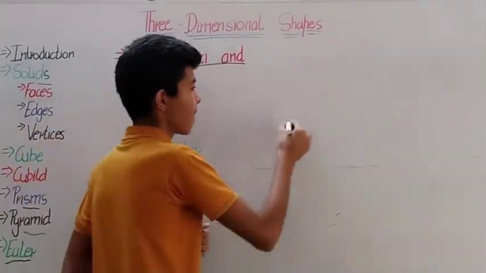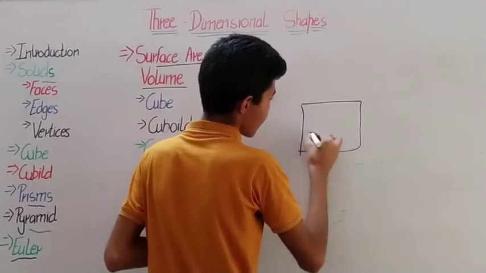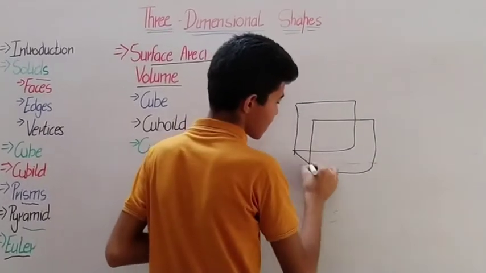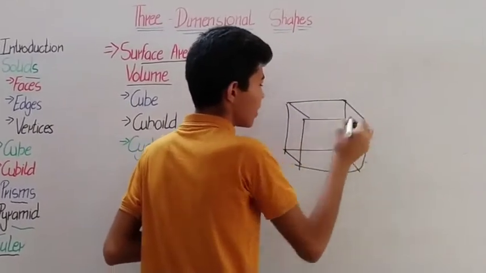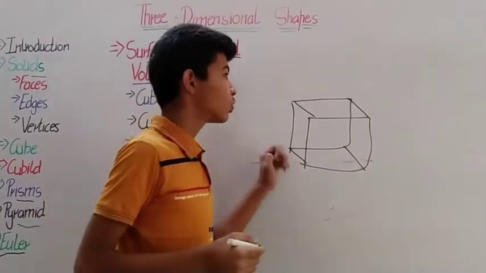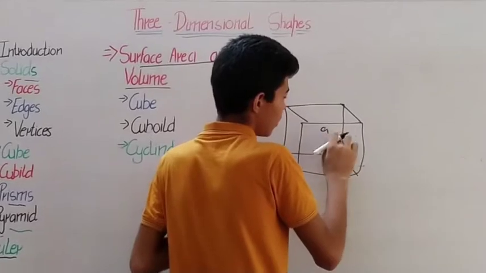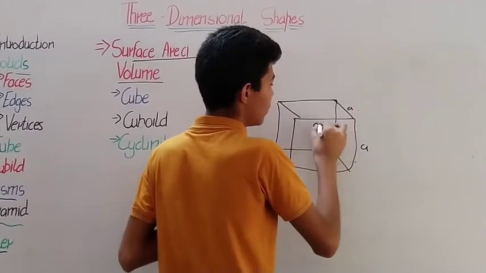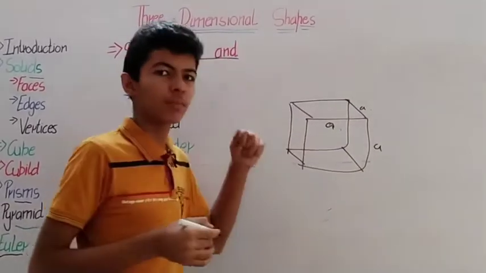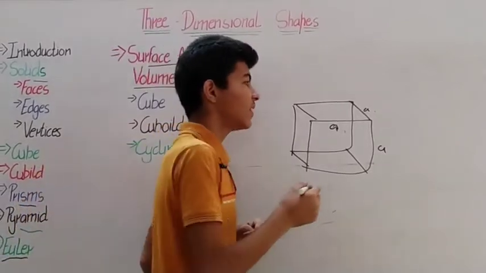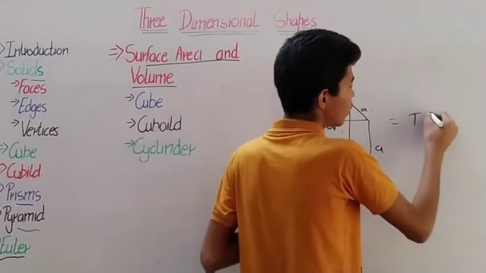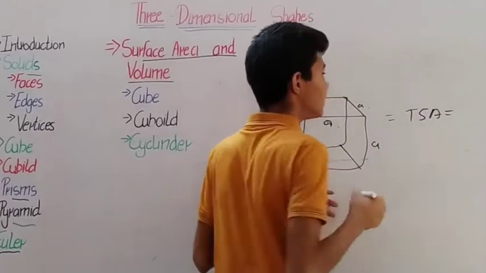So if we have a cube with side A, what is the surface area? We can calculate the total surface area, that is TSA.